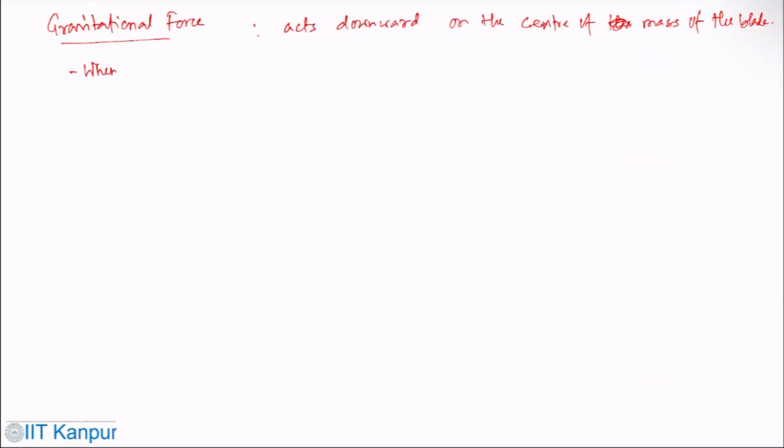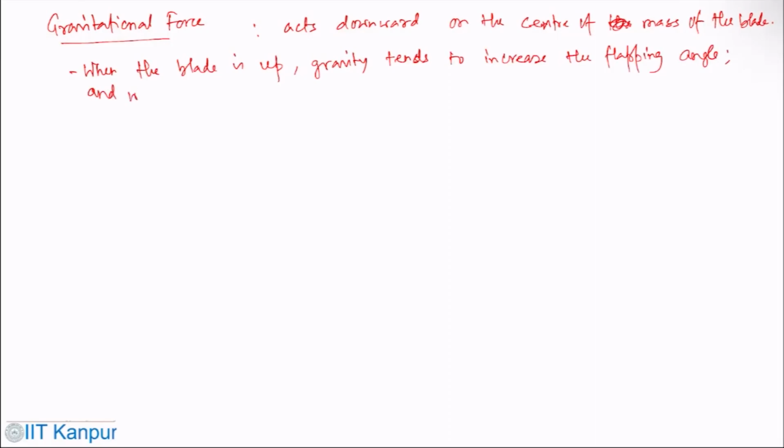So when the blade is up, gravity tends to increase the flapping angle, and when down, it tends to decrease it.